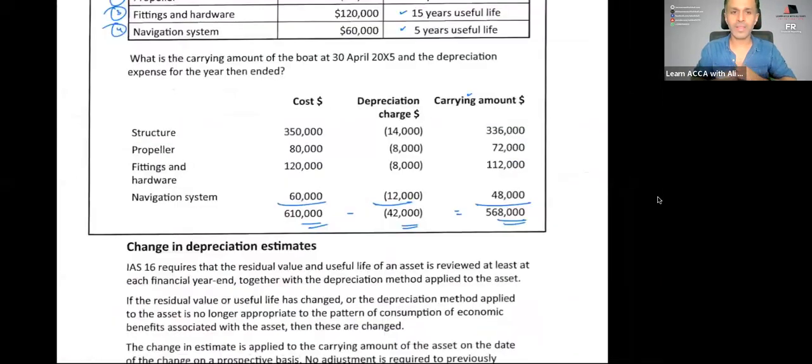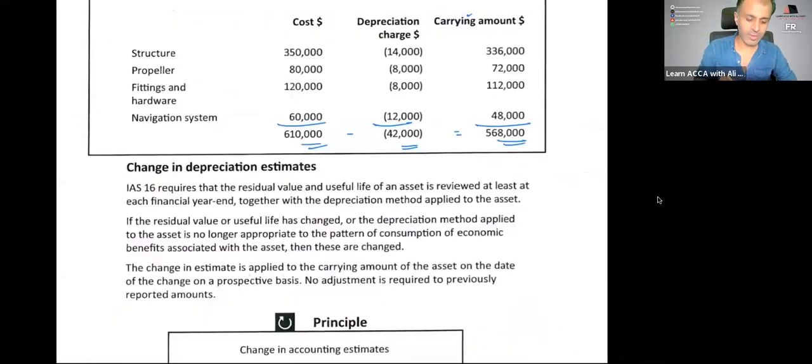And the next talk is about changes in depreciation estimates. Depreciation is based on estimates. First, the method that you have chosen, straight line method or reducing balance method, you have chosen by making an assumption.